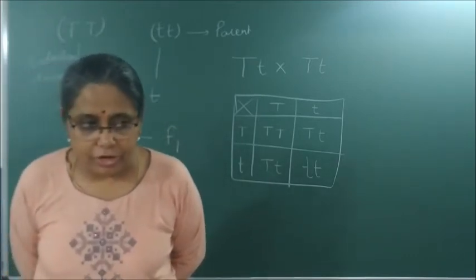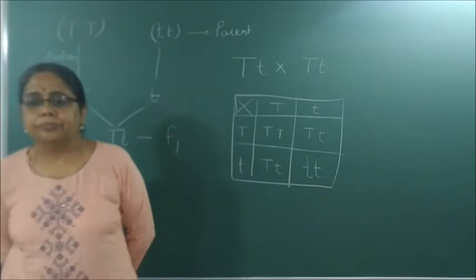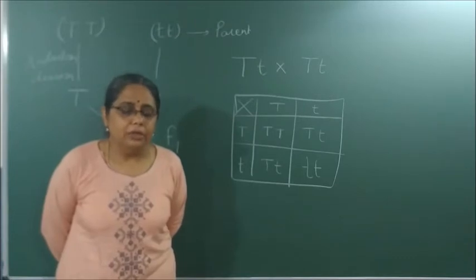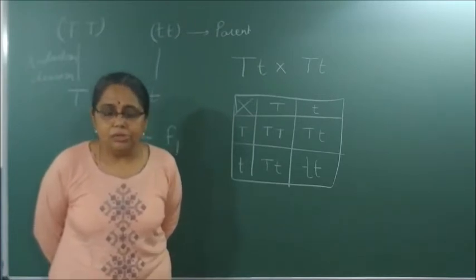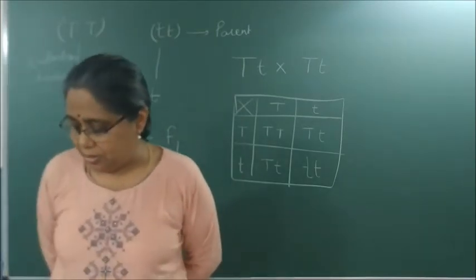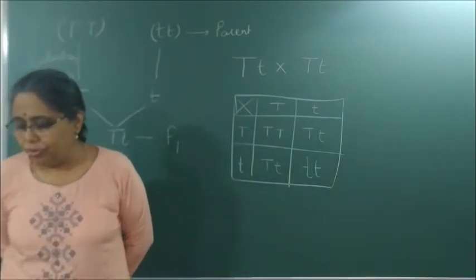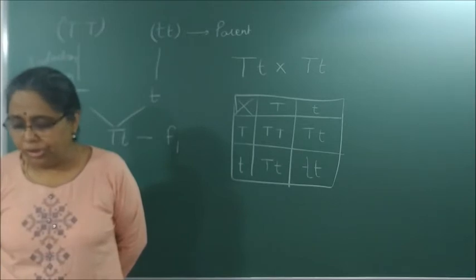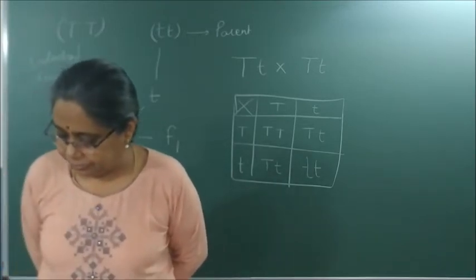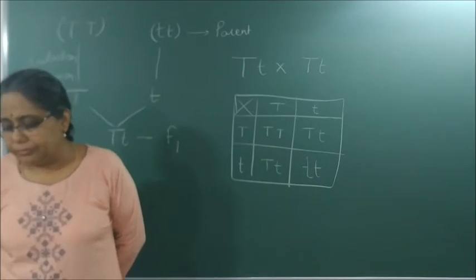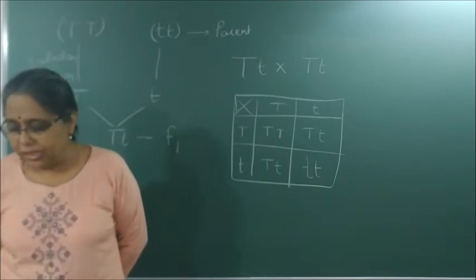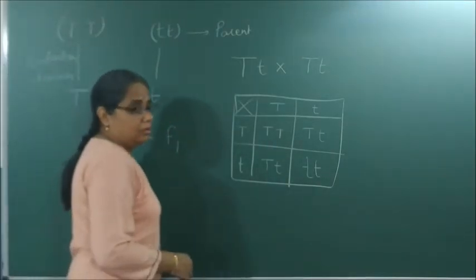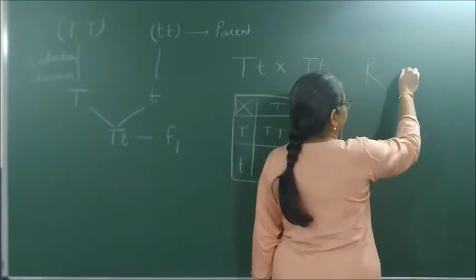Thus the dihybrid ratio is 9:3:3:1, which shows that the two characteristics, R and Y, are not linked to each other and are independently inherited.